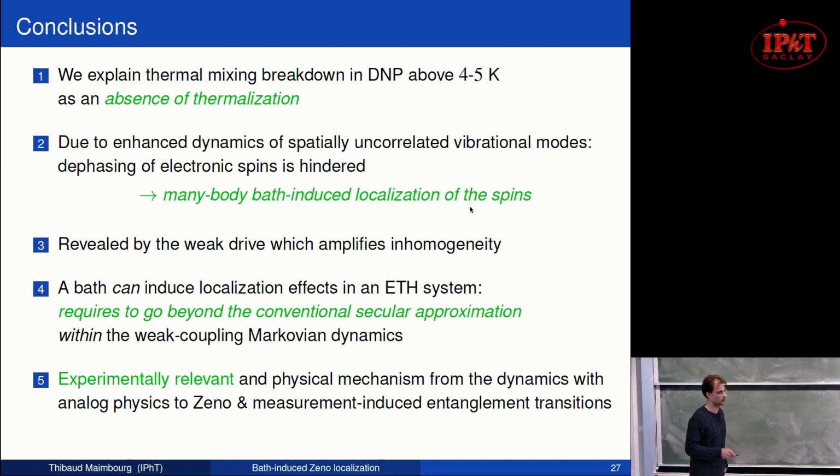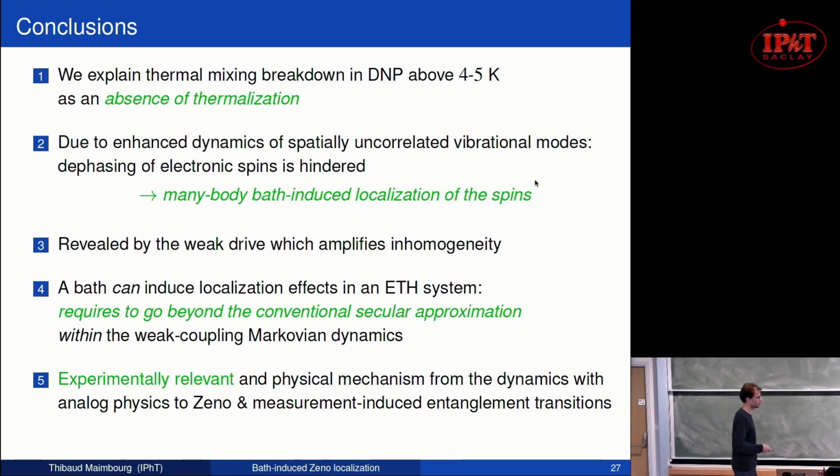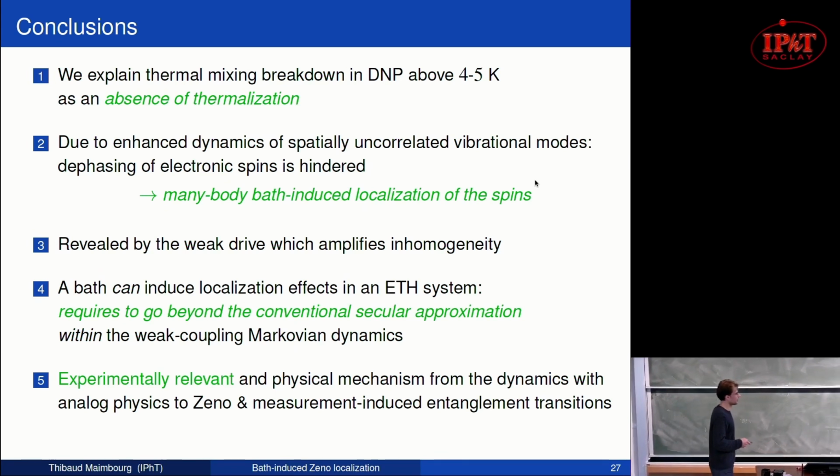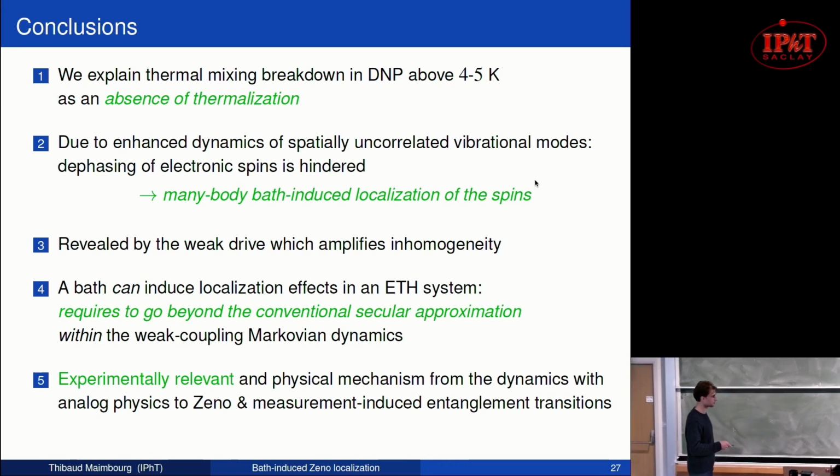The crucial thing, I hope I've convinced you, is that you will never see this unless you go to this off-equilibrium setting where you add a drive to create an imbalance in the system; without this imbalance you wouldn't see anything. But it's still the bath that is doing the projection. It's not the drive that is creating some kind of disorder; it's exploiting the disorder to then be localized by the bath.